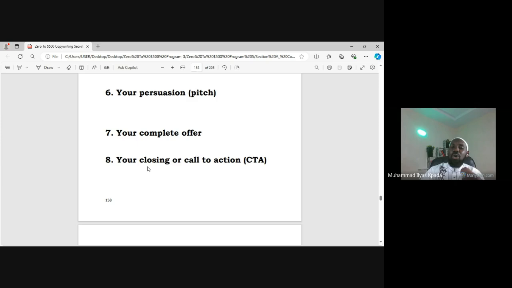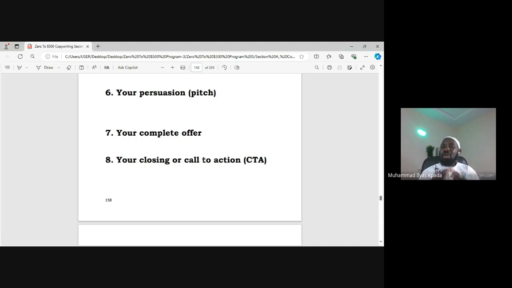So the next thing is your closing or your call to action. These are the components that should be present in any sales letter that you are writing. When I say sales letter, I mean sales copy. Now, it does not mean that all these components must be present every time, especially in today's media.